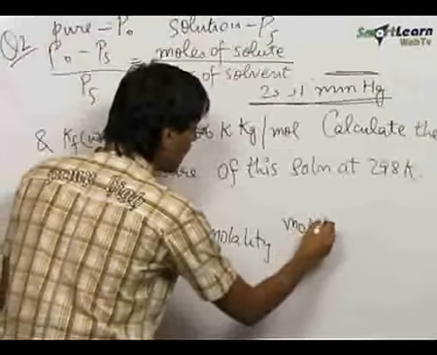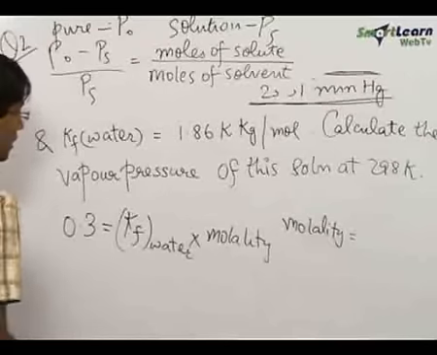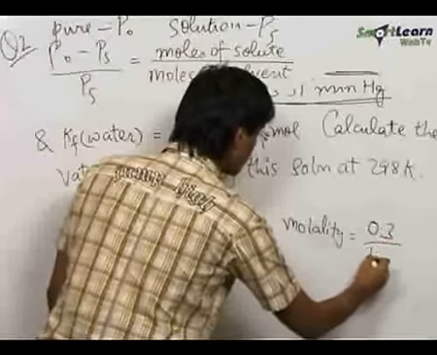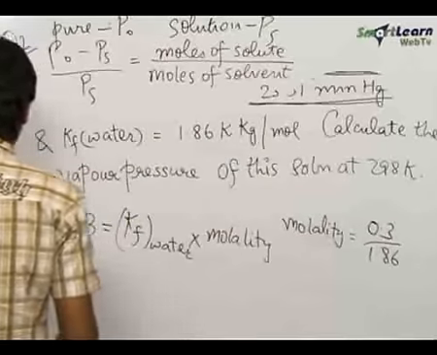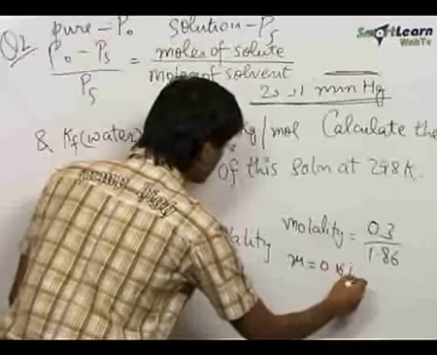So we can find the molality to be equal to 0.3 divided by Kf, which is 1.86. Hence our molality is 0.3 divided by 1.86, which is equal to 0.161.